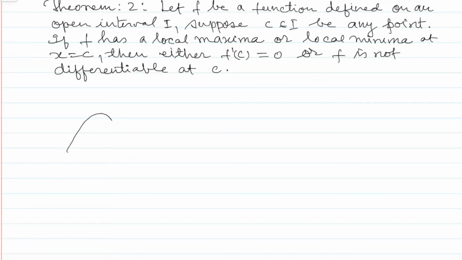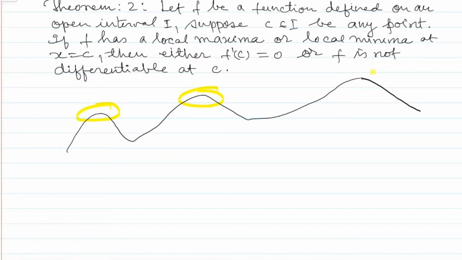See this graph. Suppose this is a function like this. So these points will be called local maxima. This is the highest point in its neighborhood. This is the highest point in its neighborhood. And here also, this is the highest point in its neighborhood. So these are the local maximas, 1, 2, 3.